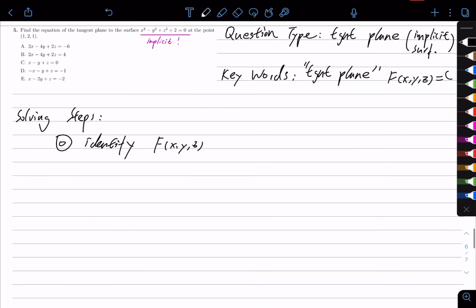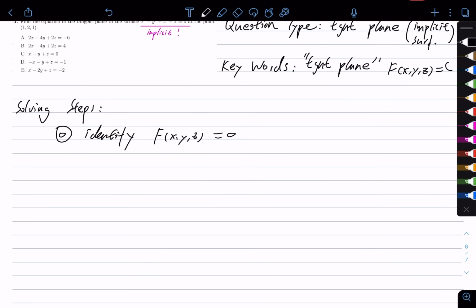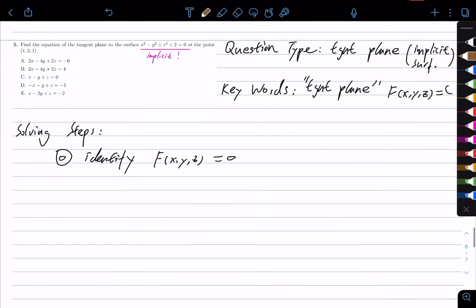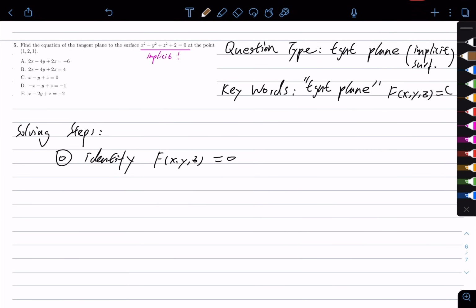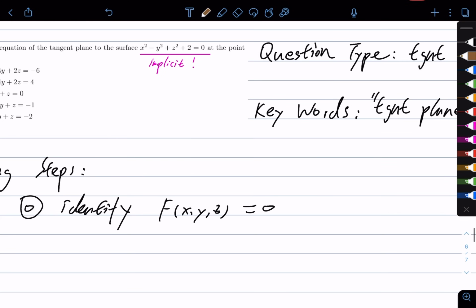So I usually equals 0. So I usually move everything to the left-hand side, so the right-hand side equals 0, so that I don't make any mistakes.